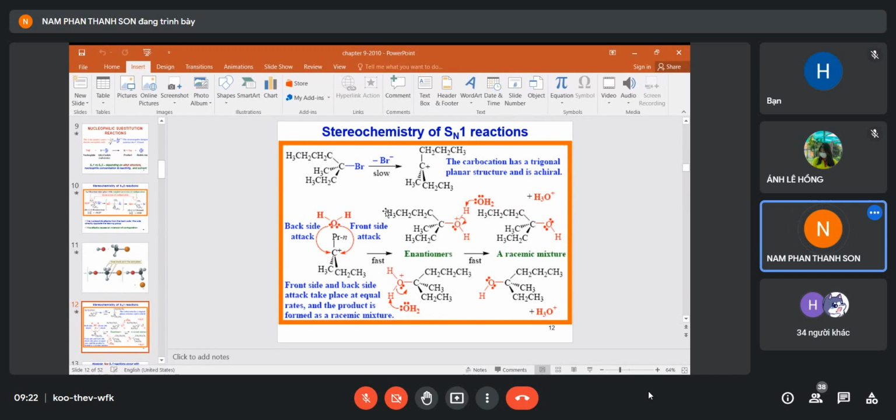It can attack from both sides. So eventually we will have two products, approximately 50% S and 50% R. So we have two products, half S and half R.